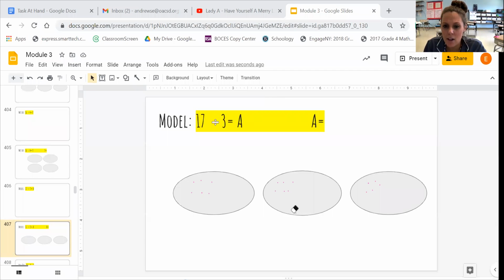That's not fair. So I'm going to delete one of these, because I want them all to be the same. So when I did that, now they all have 5. And I have 2 of these little dots left over because I couldn't break them up evenly. We need it fair.